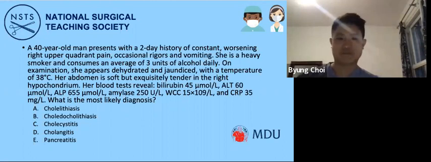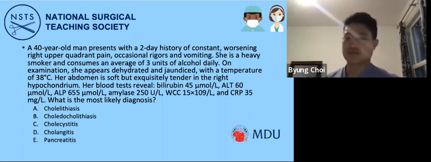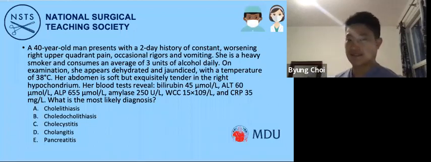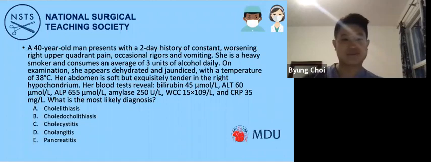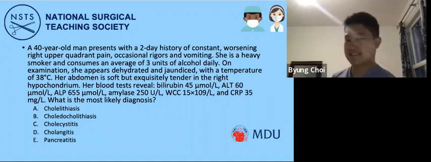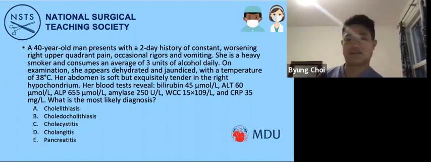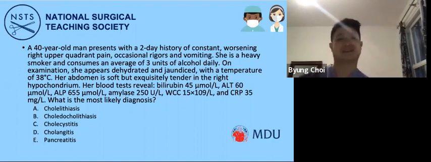Her abdomen is soft but exquisitely tender in the right hypochondrium. Her blood tests reveal a bilirubin of 45, ALT 60, ALP 655, amylase of 250, white cell of 15, CRP of 35. What is the most likely diagnosis?